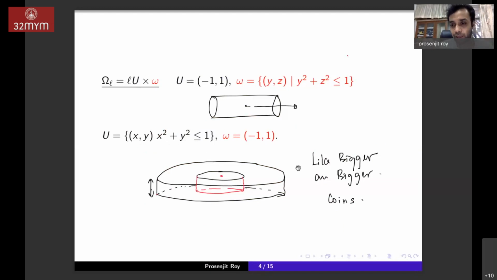So it's like a coin of height, and the coin becomes flatter and flatter. Those kinds of domains we also take into account.